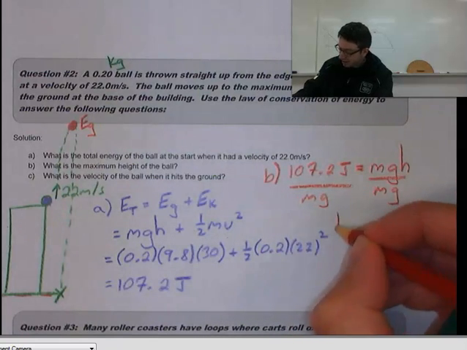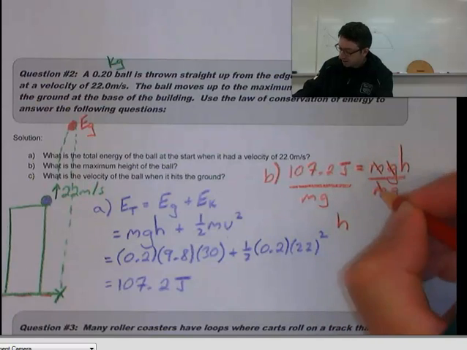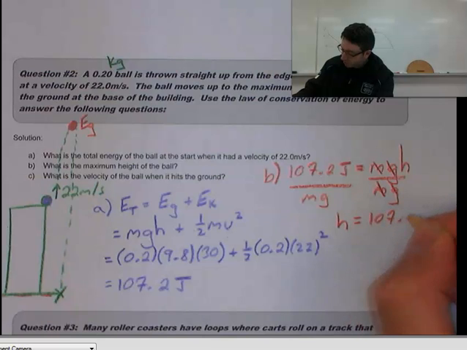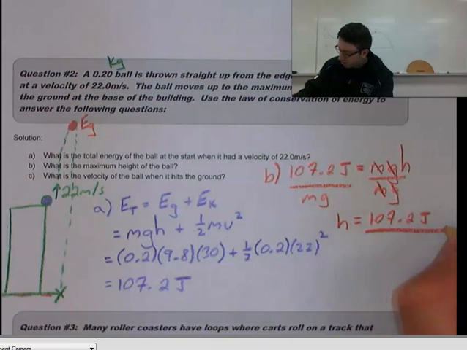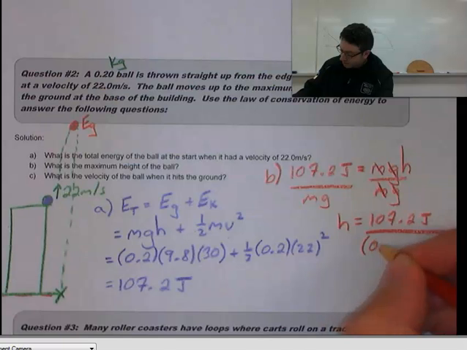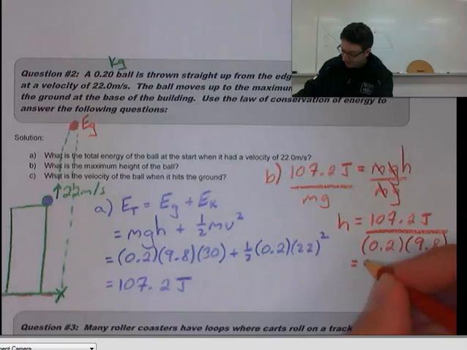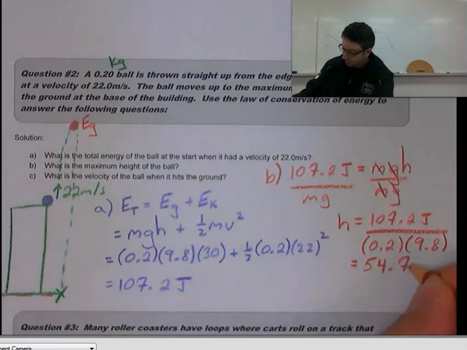So h is 107.2 joules over the mass, 0.2, times gravity, 9.8. I'm leaving out units again because I'm running out of room. So we get our height to be 54.7 meters.